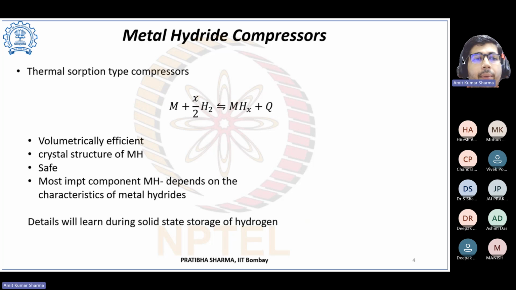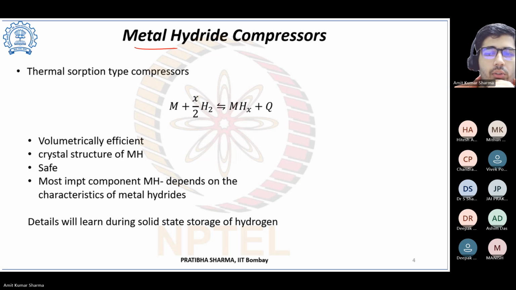So metal hydride compressors. As the name suggests, here we will use a kind of metal, and there will be some kind of reaction so that hydrogen can be stored. So it is a thermal sorption type compressor. You can see there is a metal, then the hydrogen is there.